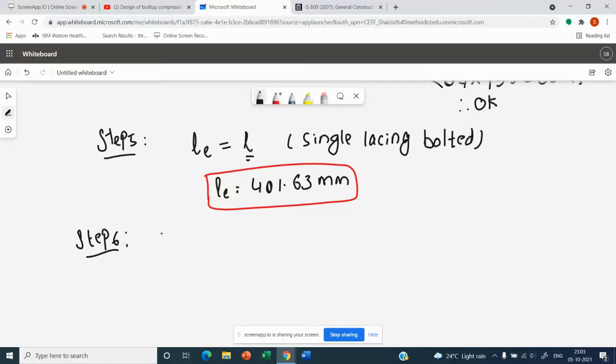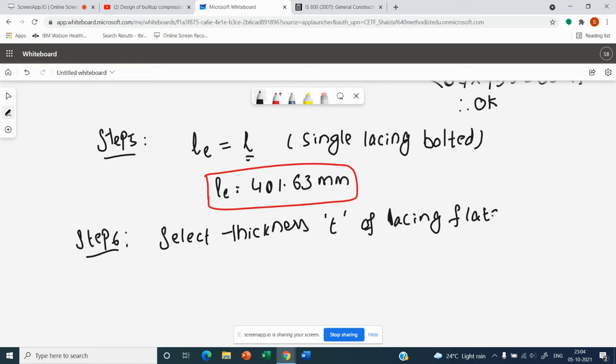Select thickness t of lacing flats, or you can say system, whatever you are selecting.